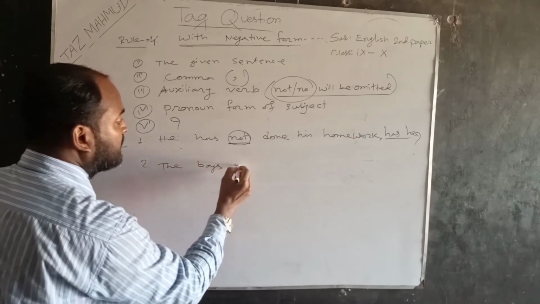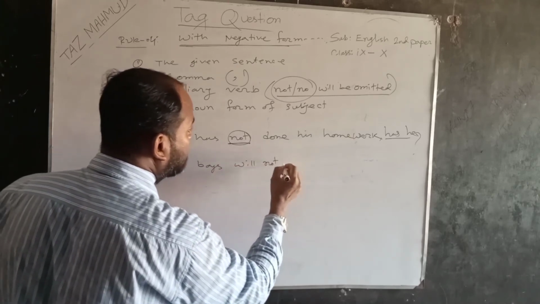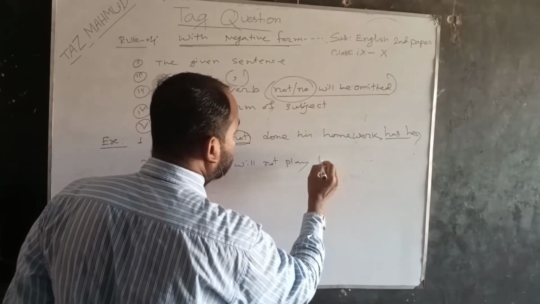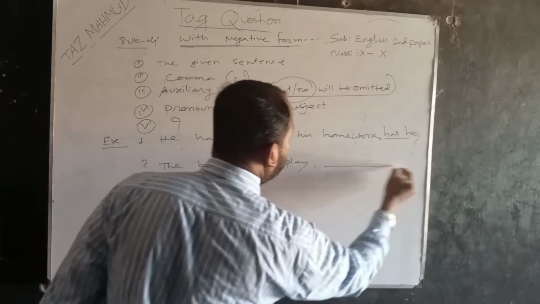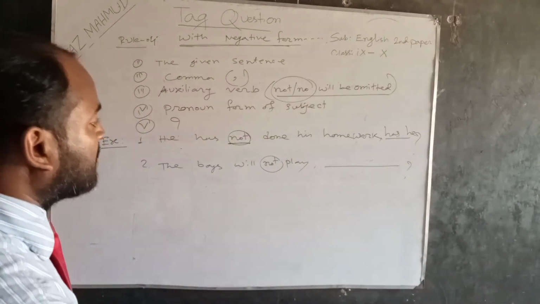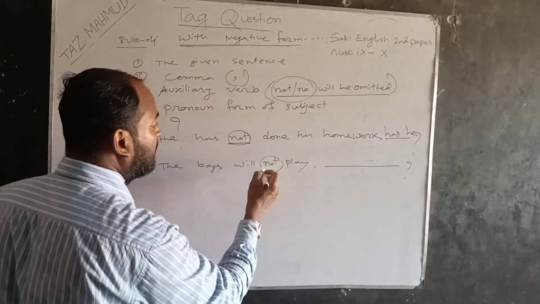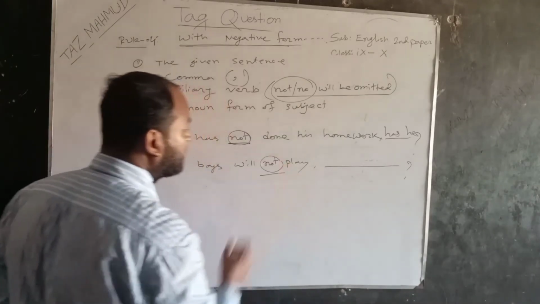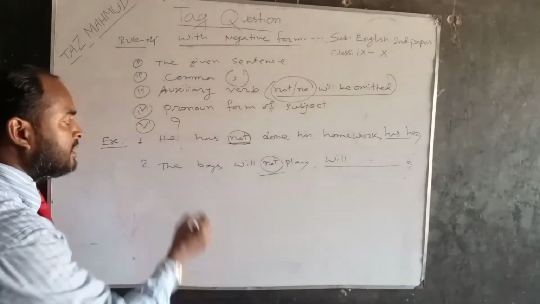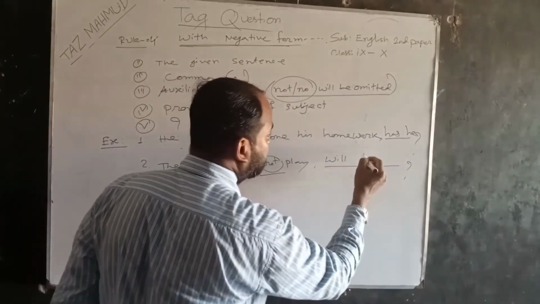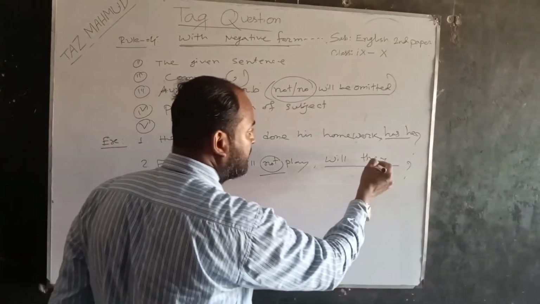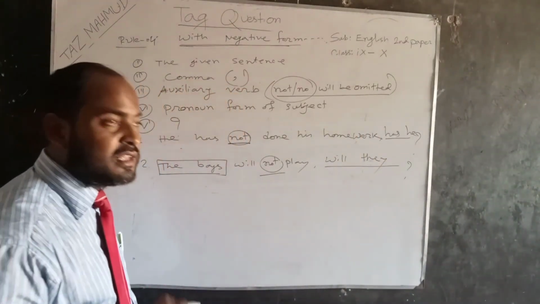The boys will not play. Then you also find that the sentence bears negative form no or not, and then we have to omit the negative form and write the auxiliary verb will. My dear learners, and the pronoun form of the subject they, because the subject is plural, then we write the pronoun form plural they.